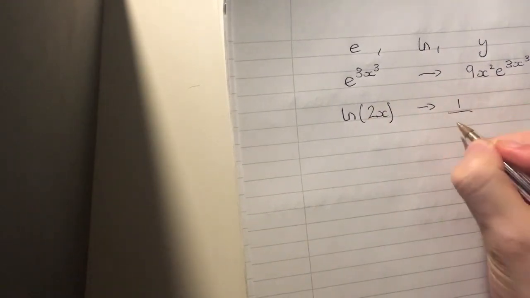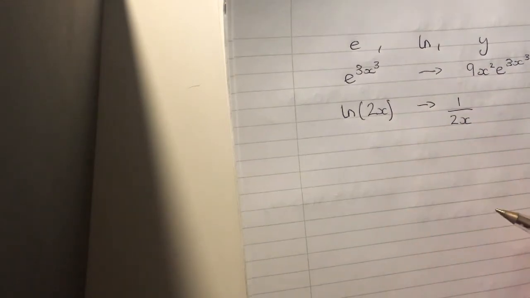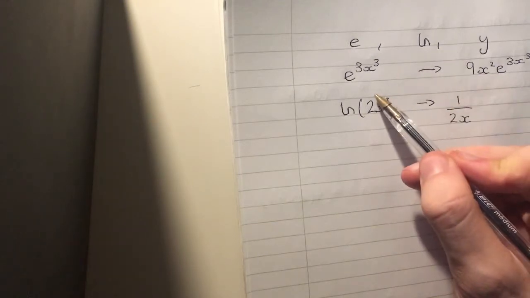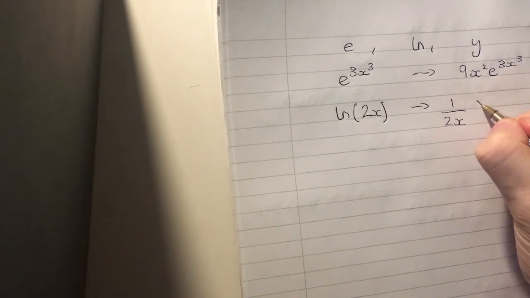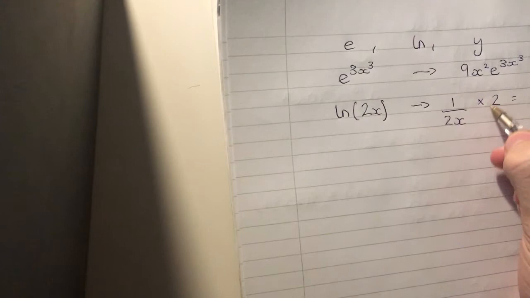So 1 over what's in the bracket, so that's 2x, and then you multiply it by the differentiation of what's in the bracket. So you just multiply it by 2, because 2x differentiated is 2, and that becomes 1 over x, since the 2's cancel here.